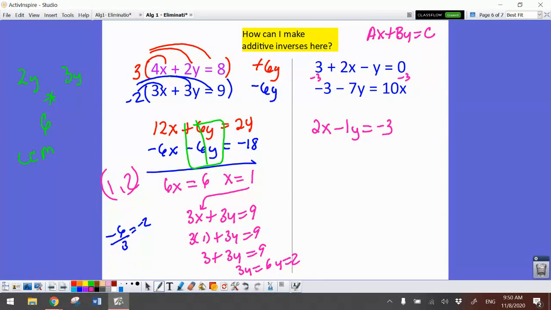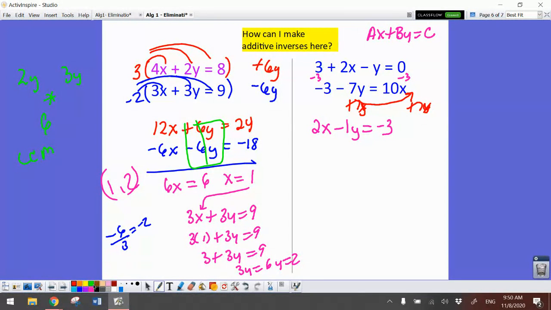Okay, now this next one, I kind of need to do a little manipulation, and I think the easiest thing to do would be to move my negative 7 to the other side, and it would make it positive, and that might make my life a little bit easier. Okay, so we're going to move that 7y.